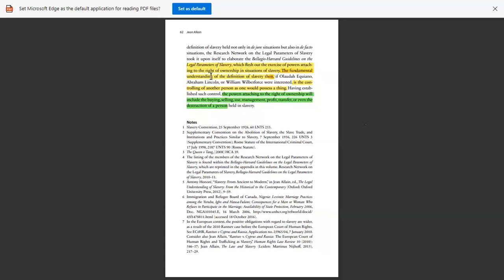The fundamental understanding of the definition of slavery, then, is the controlling of another person as one would possess a thing. So I could take my fork and go put it in a drawer, and that is the possession of a thing. And if a man is being taken and being put into a cell, then he is being possessed and controlled like a thing.